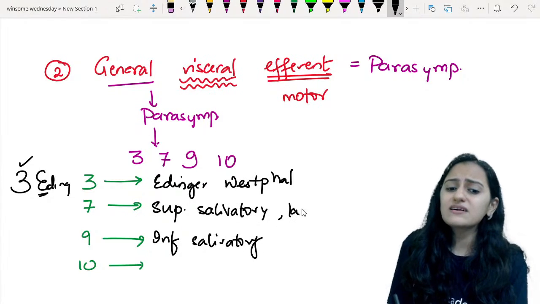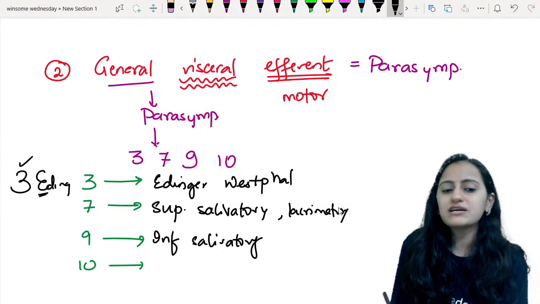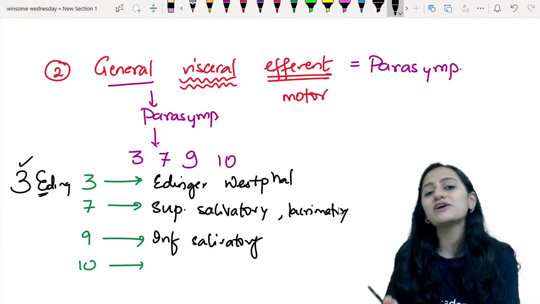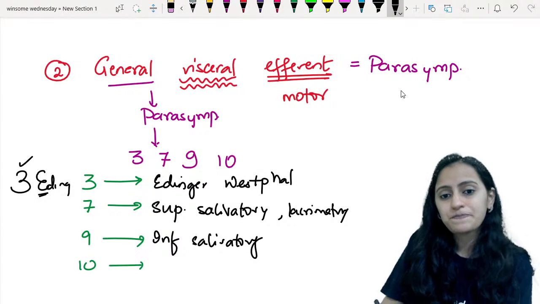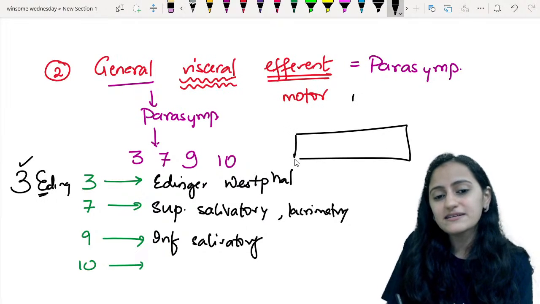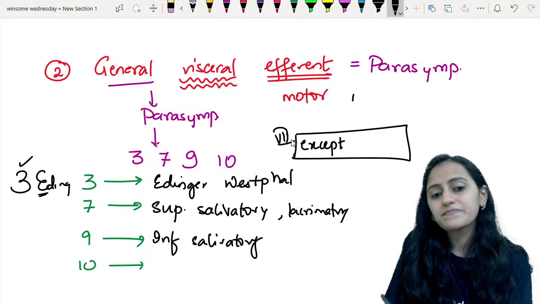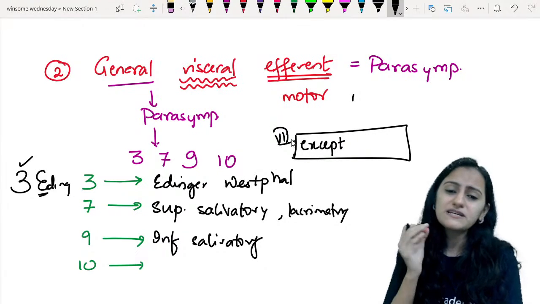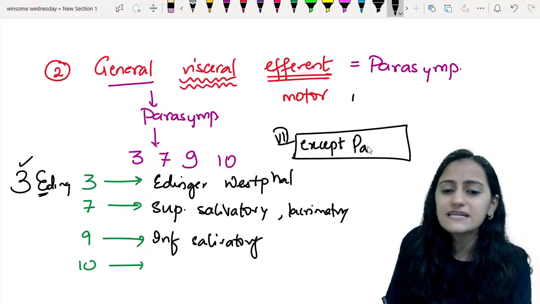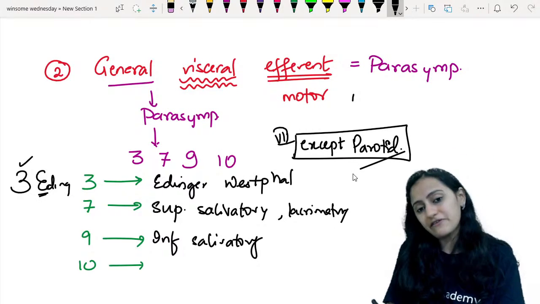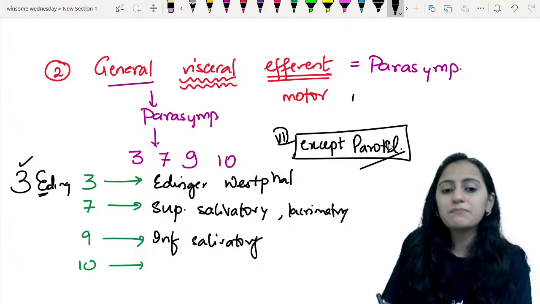Alright, 7th का आपका आता है lacrimatory as well. All the glands of the face are supplied by your 7th except which gland? It is not supplied by the 7th cranial nerve. The parotid. जो सबसे नीचे gland है वो याद रखो, except your parotid. Parotid is not supplied by the 7th. Parotid, remember, is नीचे.